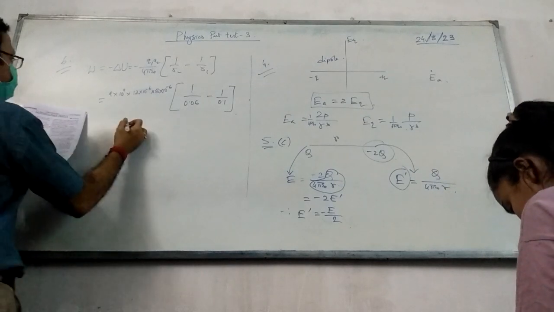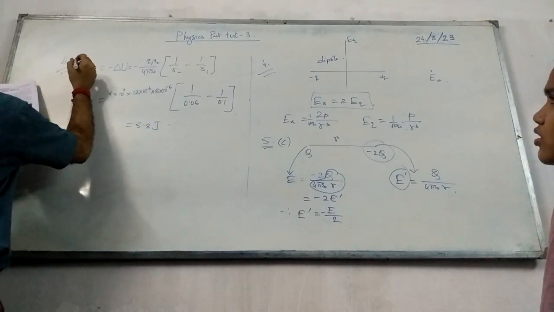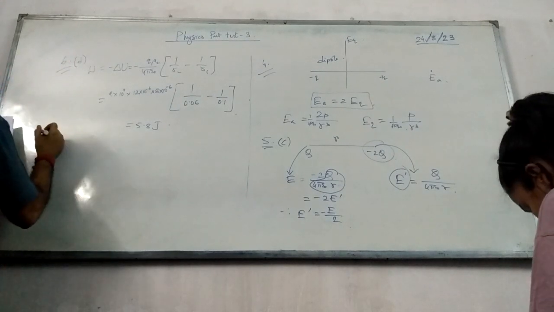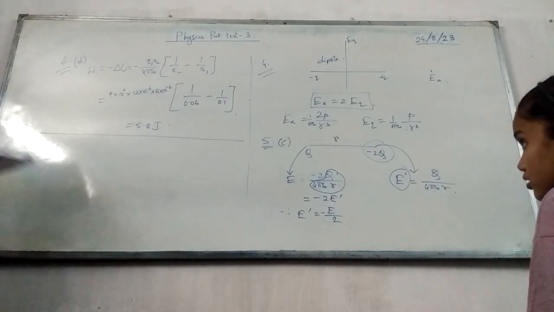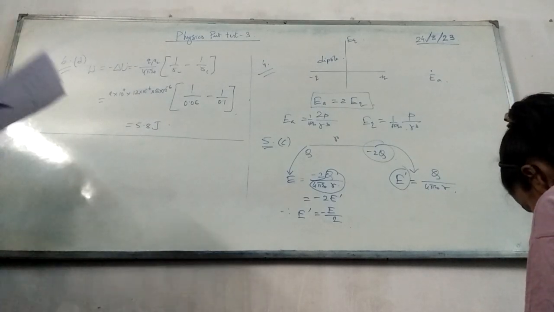Okay, so if you simplify, it will come out to be 5.8 joules. This is option B. Okay? Next question, question number 7.